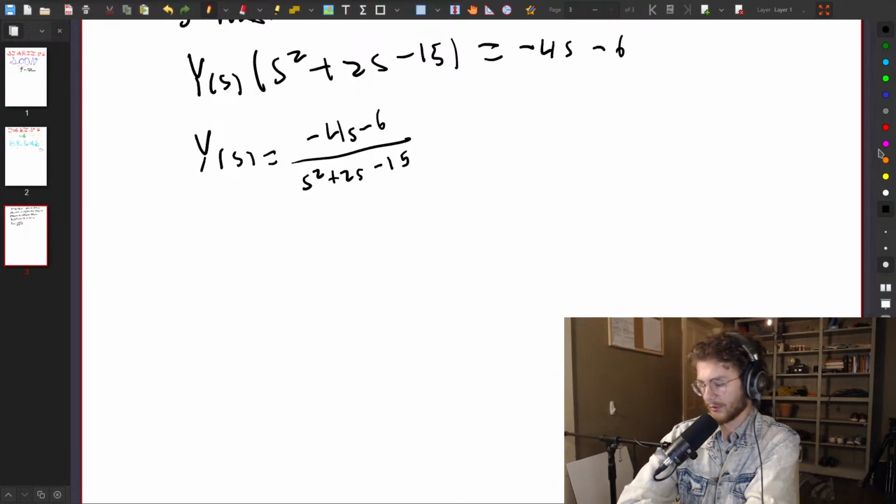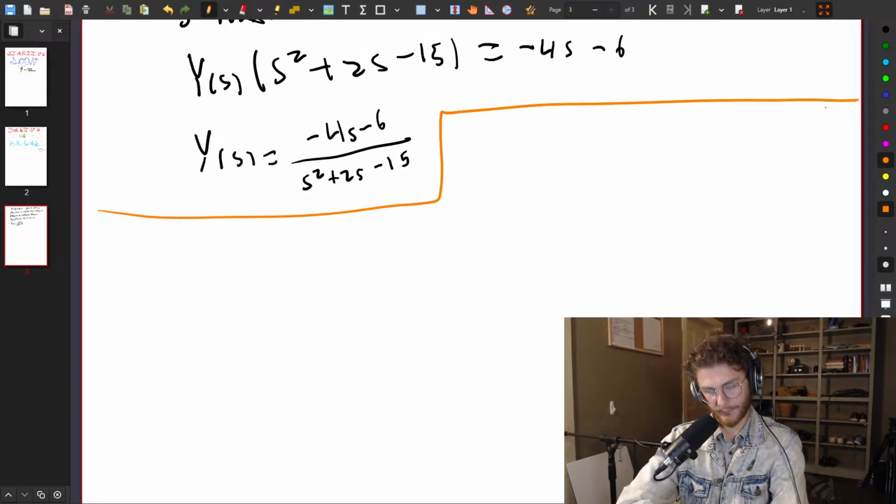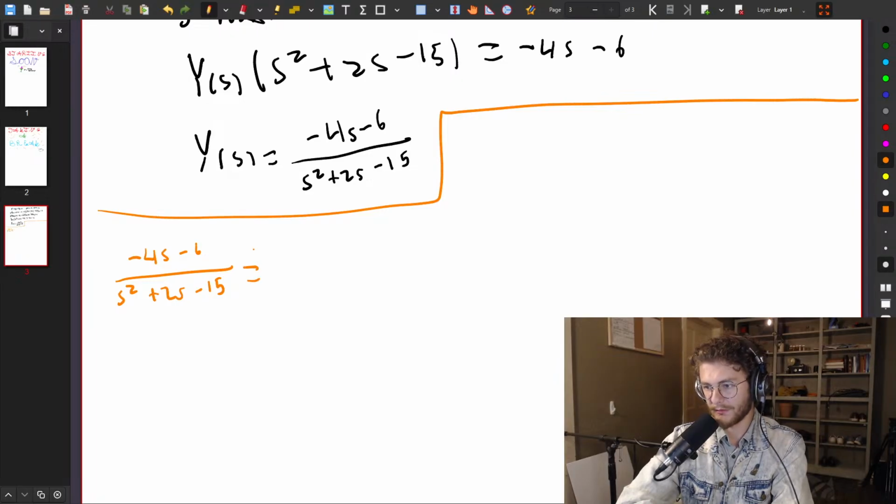by changing colors here. Negative 4s minus 6 over s squared plus 2s minus 15. We want to set this in a form that we can decompose. So that equals, s squared plus 2s minus 15, that's going to be s.